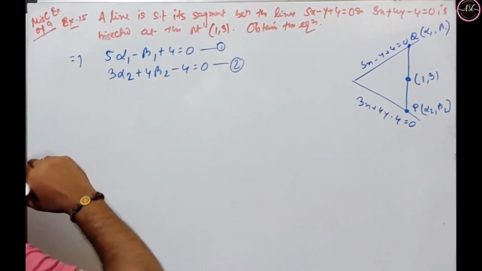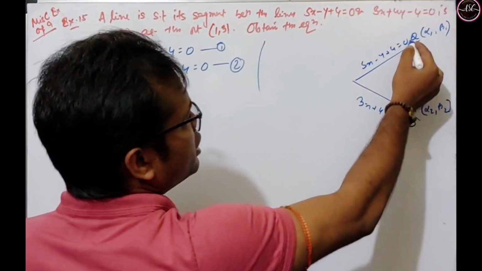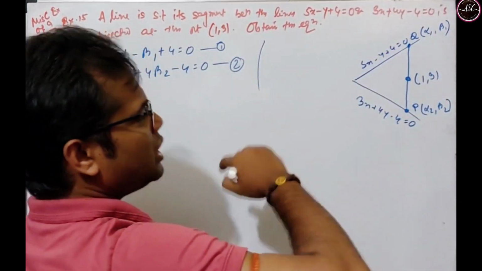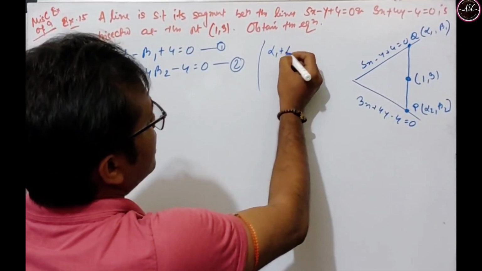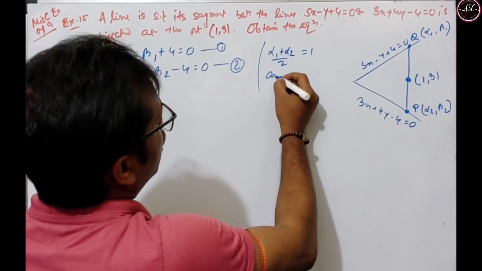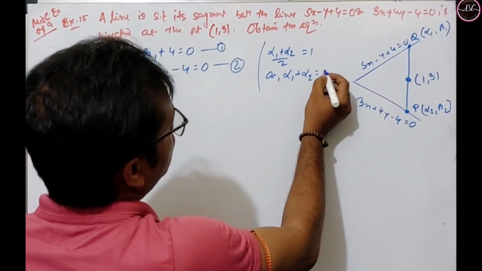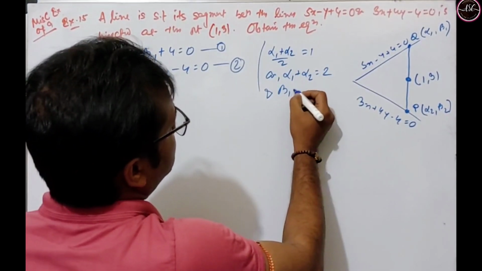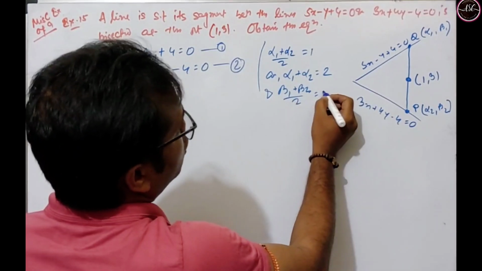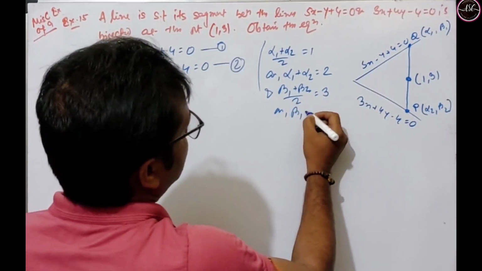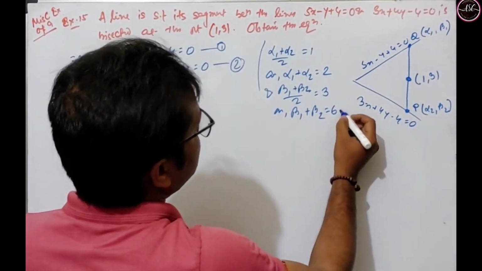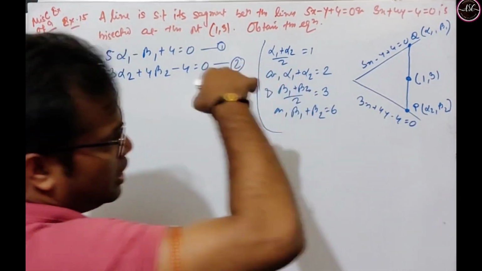This is equation 2, and as this is the midpoint of PQ, alpha 1 plus alpha 2 divided by 2 equal to 1, or alpha 1 plus alpha 2 equal to 2, and beta 1 plus beta 2 divided by 2 equal to 3, or beta 1 plus beta 2 equal to 6. Okay, so we get up to this.